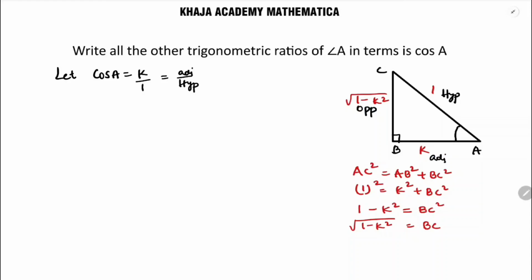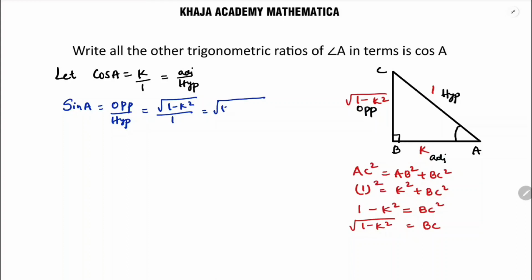Now here I need to write the other ratios. First one, sin A is opposite by hypotenuse. So opposite is under root 1 minus K square, hypotenuse is 1.